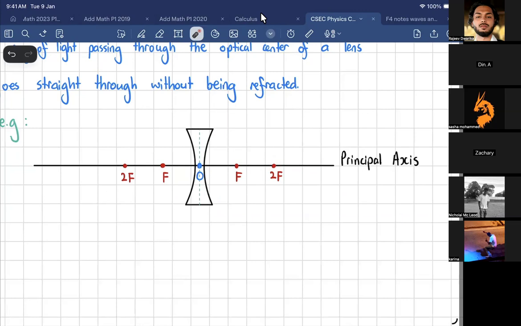And now, do you think all lenses would have the same focal length? No. Think about cameras. If you ever use an actual DSLR, it has a bunch of different lenses you could use.